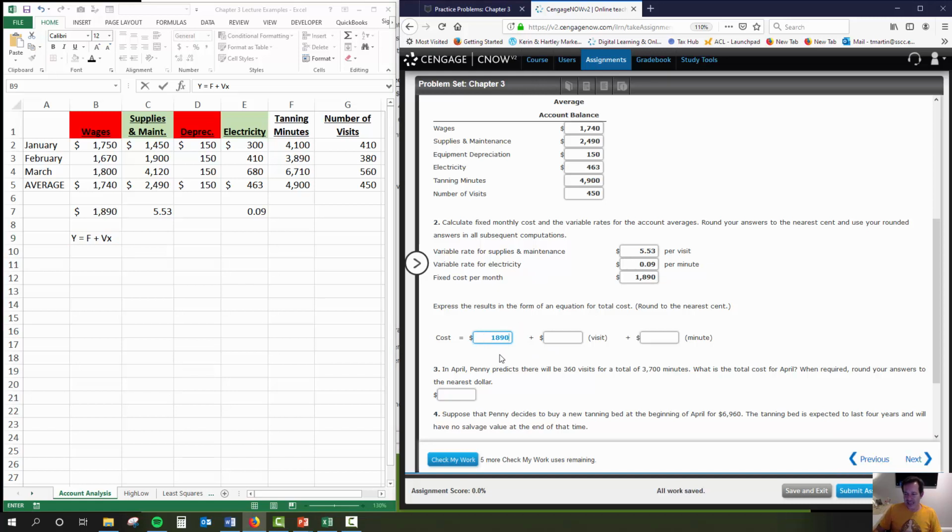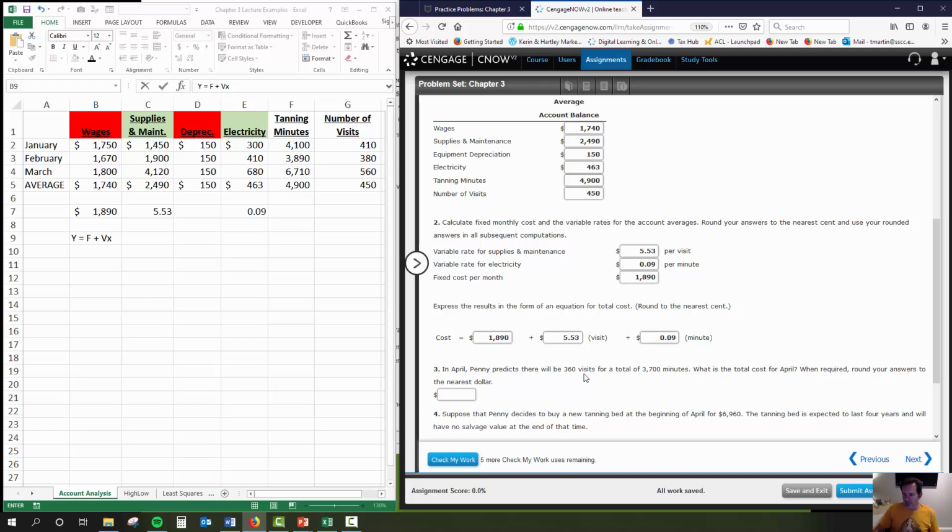So it'd be $1,890 plus the $5.53 per visit plus the 9 cents per minute. Now, the way we come up with the total cost is we plug in the level of activity, multiply those two variable costs by the respective level of activity, then add it all together.